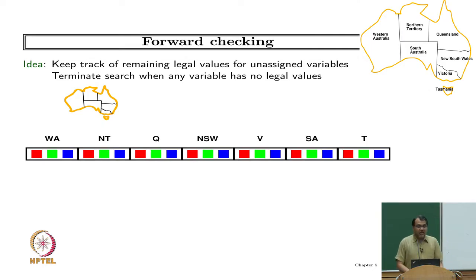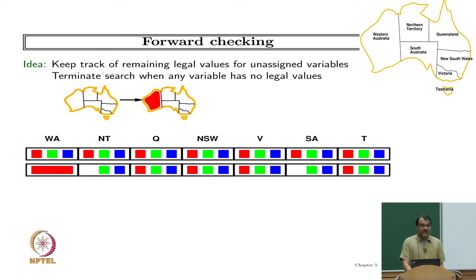Initially you have all the variables and all the values, and let us say we assigned Western Australia red. As soon as we assign Western Australia red, we remove red from Northern Territory and from South Australia. We know there is no way we can assign these values, so we will not even try the wrong value at all, and we will also detect failure early.